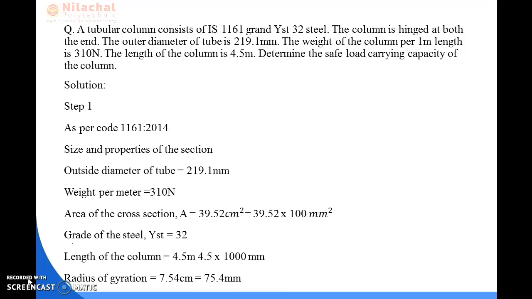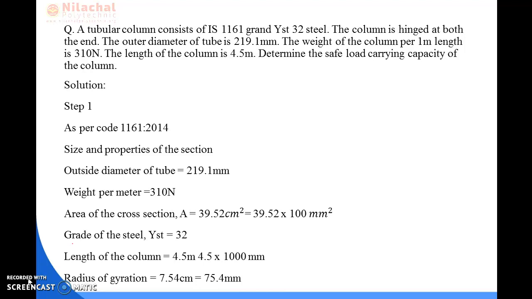The area of the cross section we can find out from the code 1161-2014. Hence, the area given in the steel table is equal to 39.52 centimeter square, which is equal to 39.52 into 100 mm square. This is the value already given in the IS code.